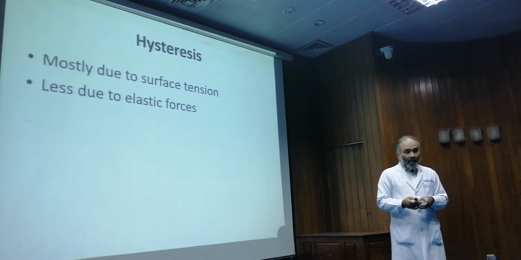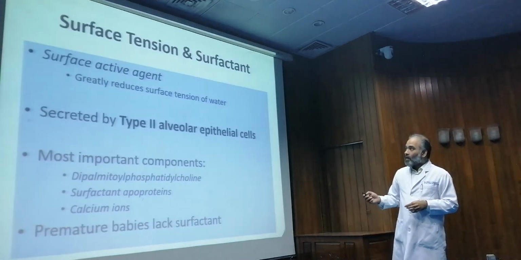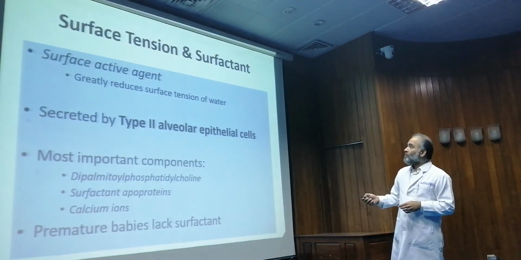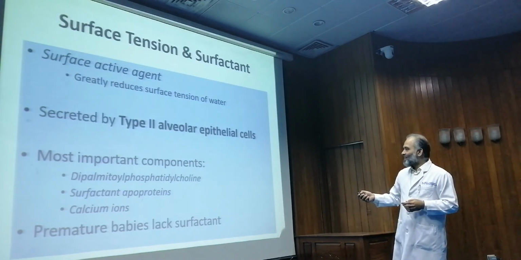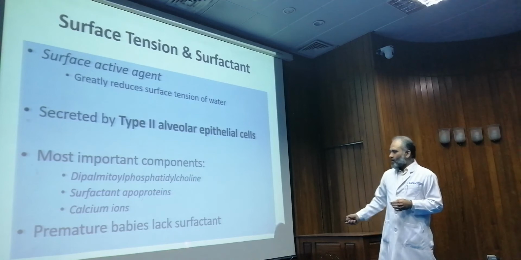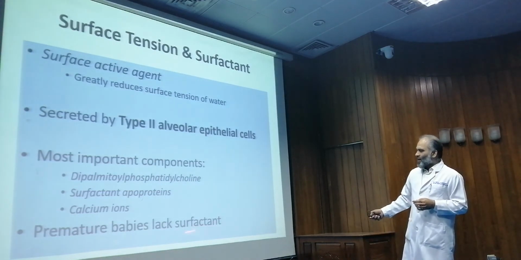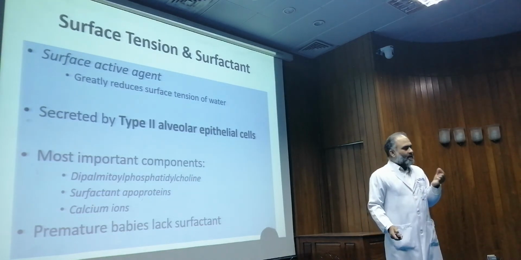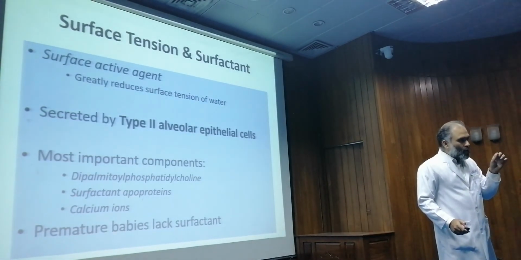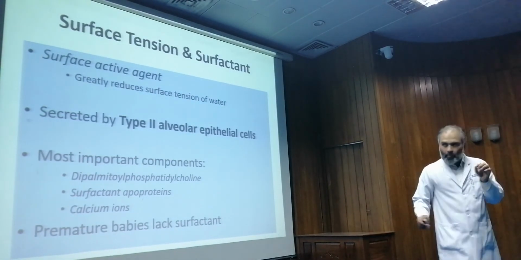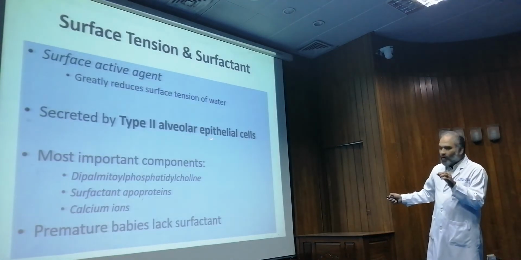So what do we have? We actually have something in the lung. We call it surfactant. Where does it say surfactant? Okay, it doesn't say surfactant. Surface active agent. Anyway, we have the word surfactant. Surfactant is a little chemical thing produced normally in the lungs by type 2 alveolar epithelial cells.